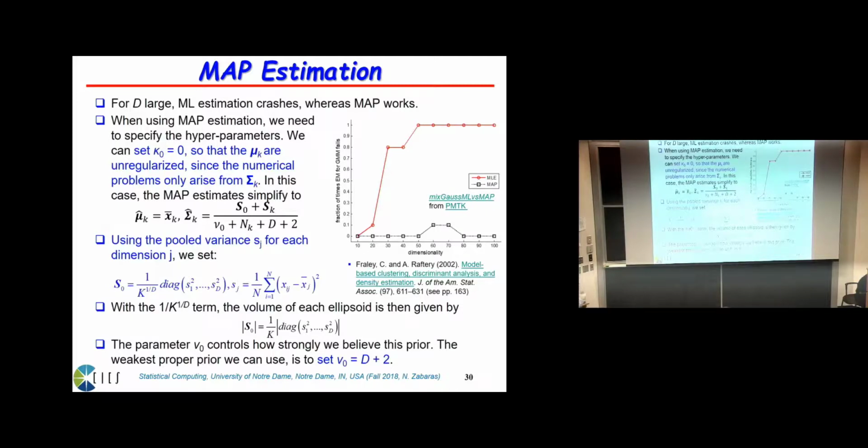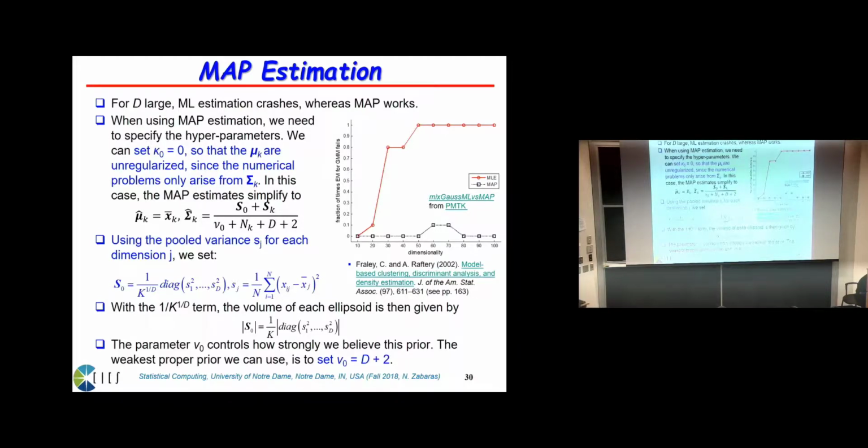There is an example that I'm not going to go through; there is a program that goes with this. If you try to do the EM algorithm for a Gaussian mixture in high dimensions, many times the algorithm will fail because the covariance matrix that it computes is singular.